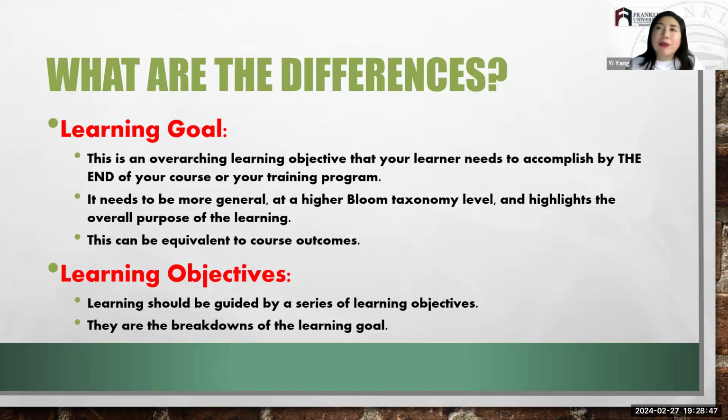Okay, so let's go back to use the better communicator as an example. The learning goal is to help the learners be a better communicator. That's the goal. The first learning objective is to develop a communication outline. Remember we talked about having a communication outline as maybe a first step to be a better communicator, right?